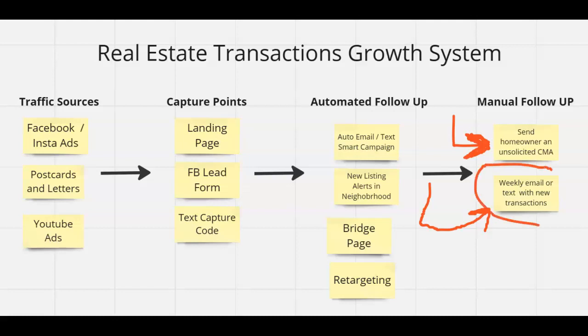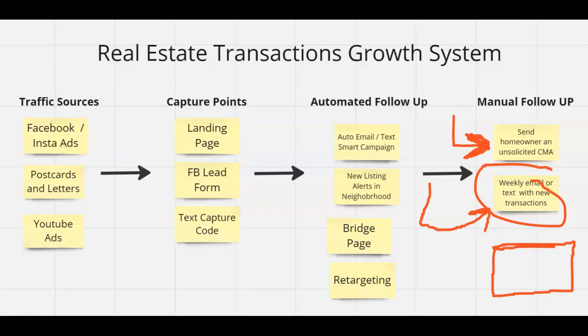But as you do this, you can make other calls to action, right? And then I didn't put another box down here, but say you are doing content, or say you're doing an open house in that neighborhood. You can always also email that out. Or if there's a restaurant nearby that's offering a deal or a special, this is where we get into the bloggy content marketing type stuff.